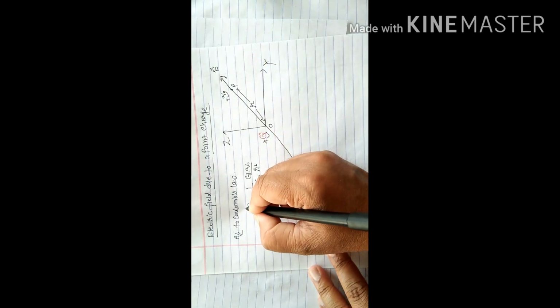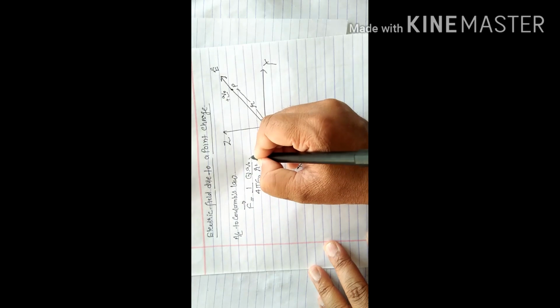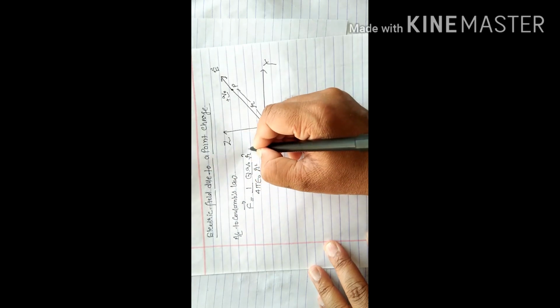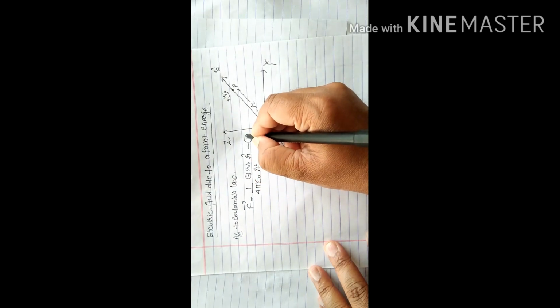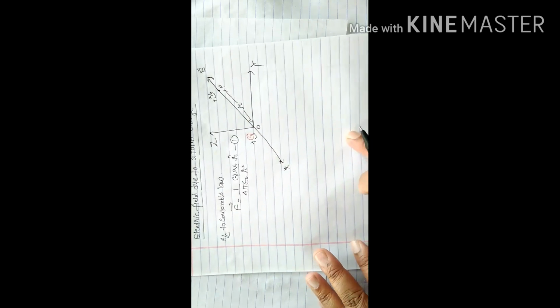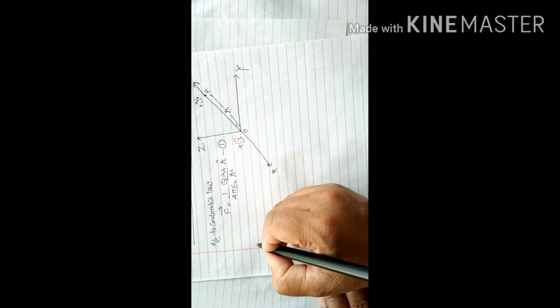In terms of vector, it can be written like this one, equation number 1.